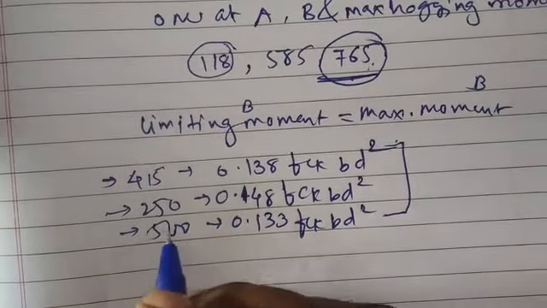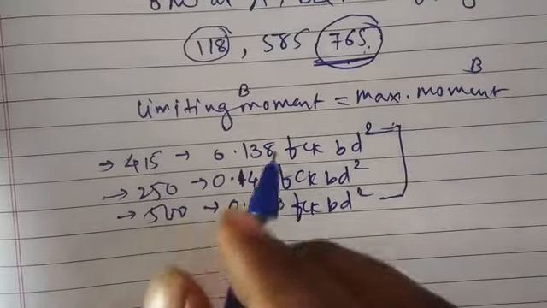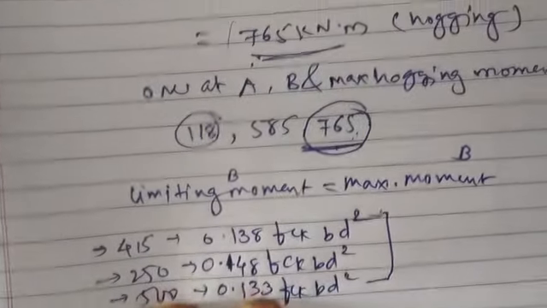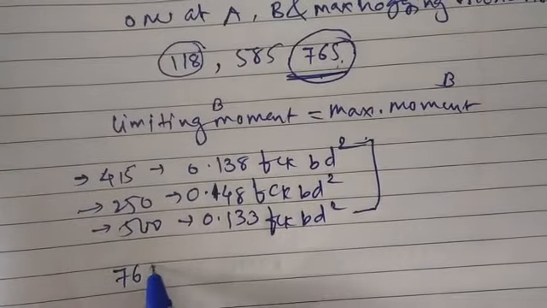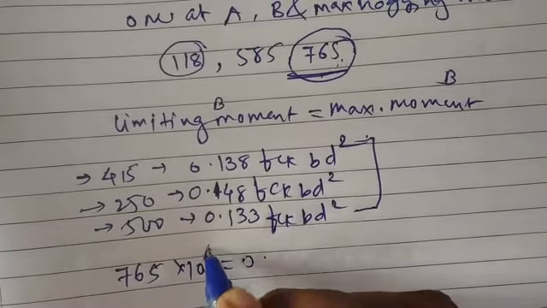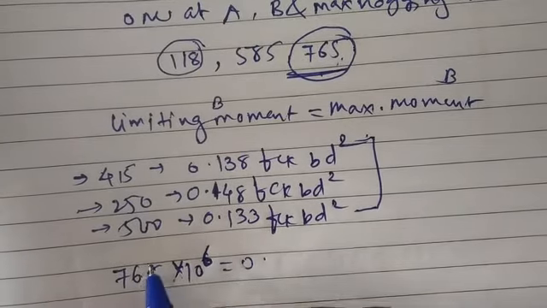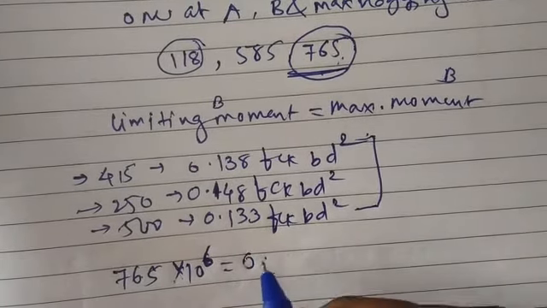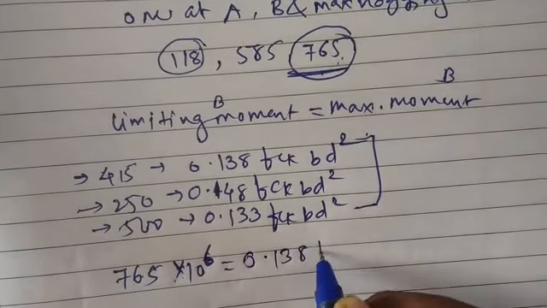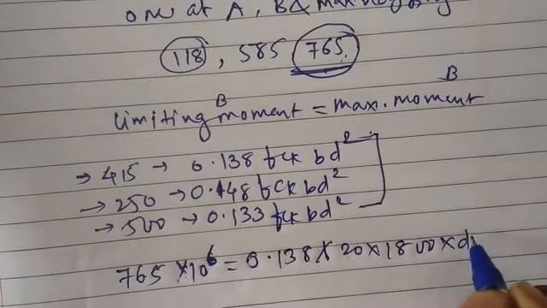Here we have to remember these formulas. These are important for civil engineers. Every civil engineer knows these values. So for 415 steel you will use this formula of limiting moment. So we'll equate 765 into 10 raised to 6, which is written in order to convert this value to Newton mm, equal to 0.138 FCK, where FCK is 20, B is 1800, and D square is to be calculated.